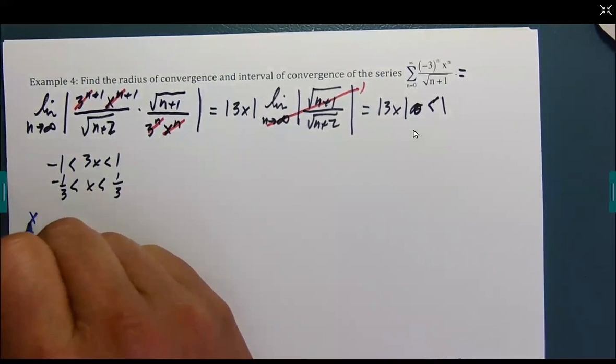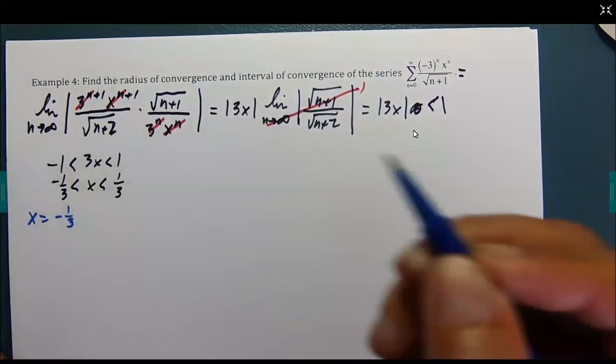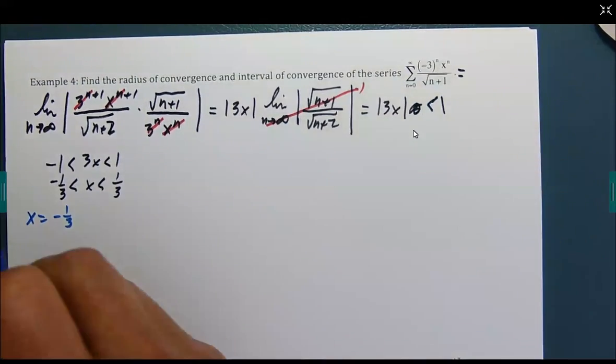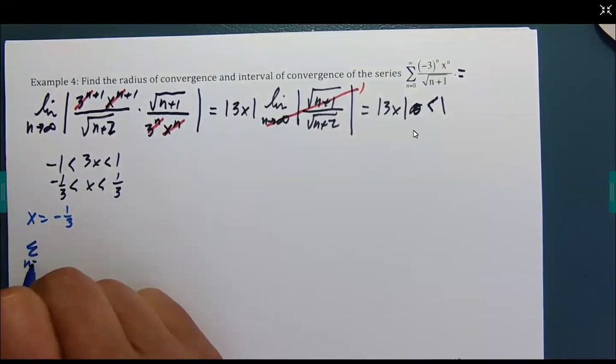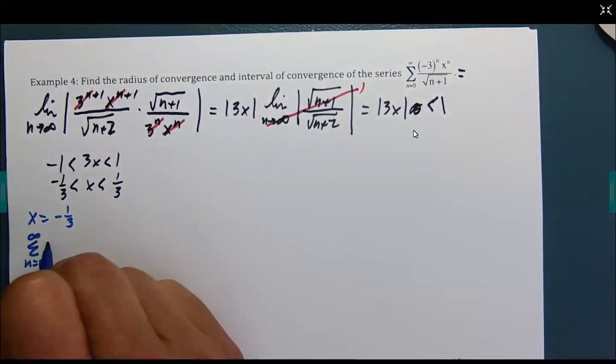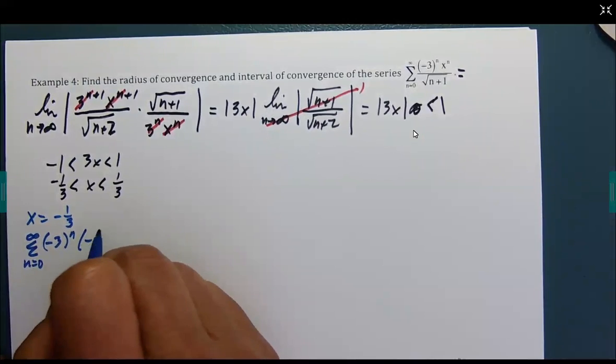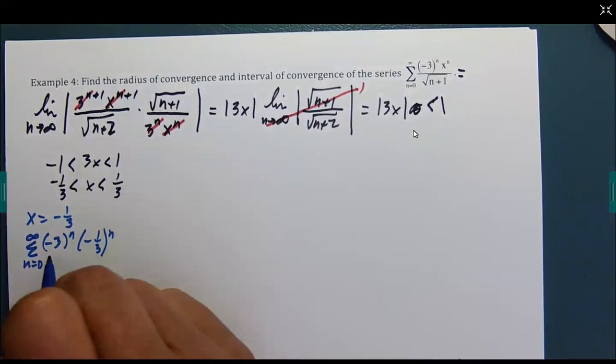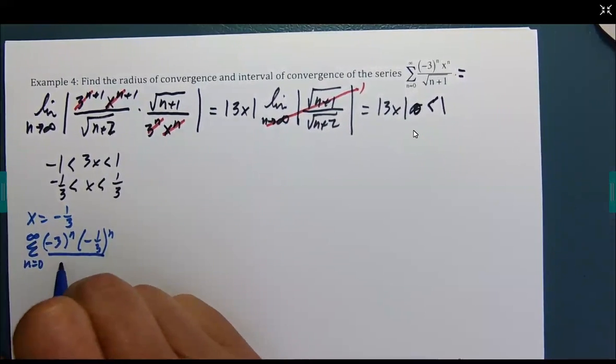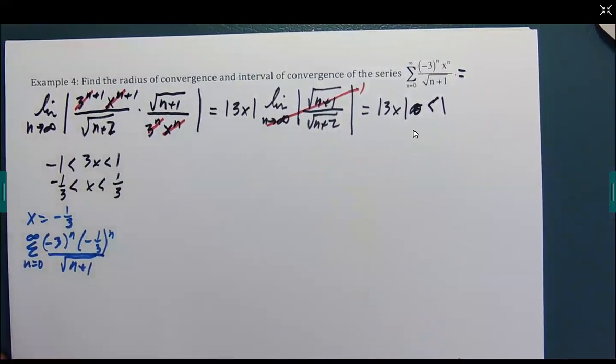So at x equals negative 1/3, and again, I'm going to plug that into here. And I'm going to bring that negative down below.